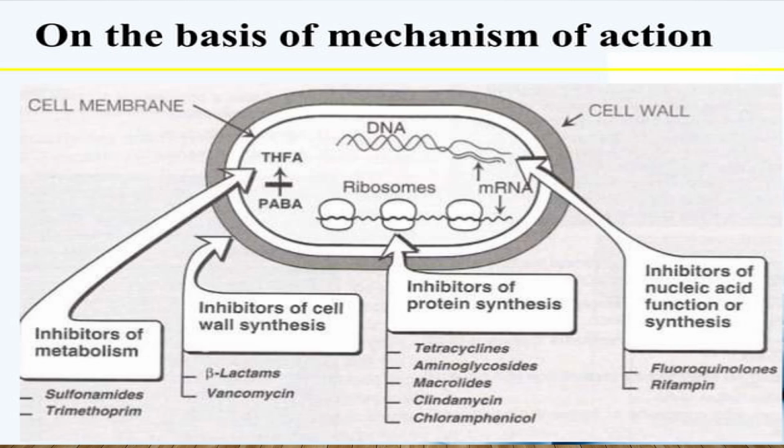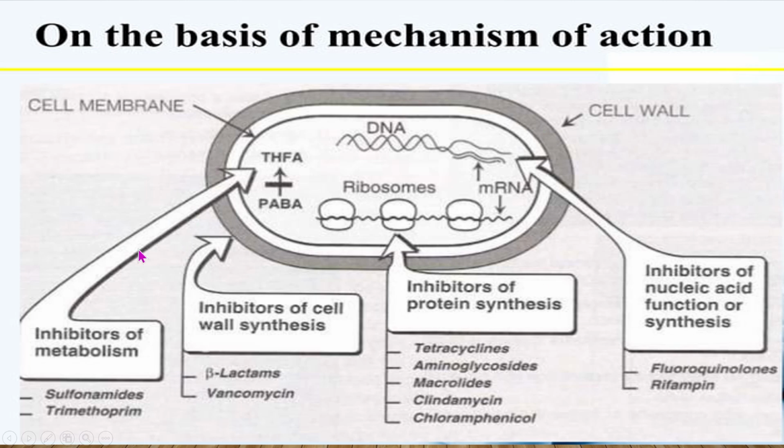Now this is a diagrammatic representation of how they act as antibiotics: by inhibiting the procedure of cell wall synthesis, interfering in the functioning of the cytoplasmic membrane, interfering in protein synthesis, and interfering in the formation of nucleic acid. So this is the diagrammatic representation and the classes of compounds. This is the cell membrane, and this is the rigid cell wall of the bacterial cell. Now we will move in this way.